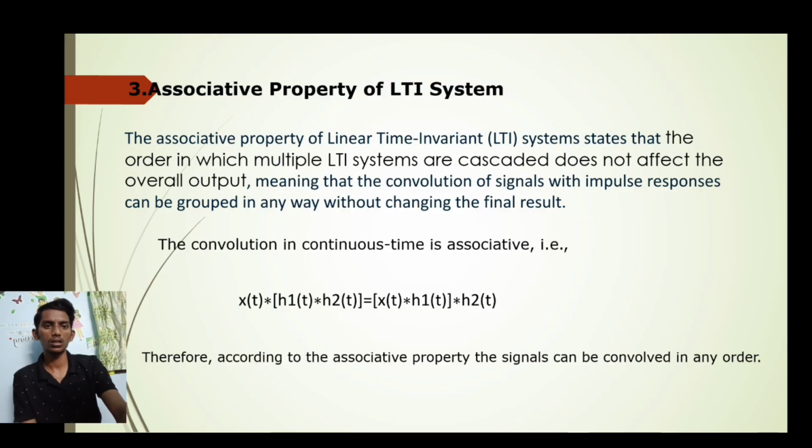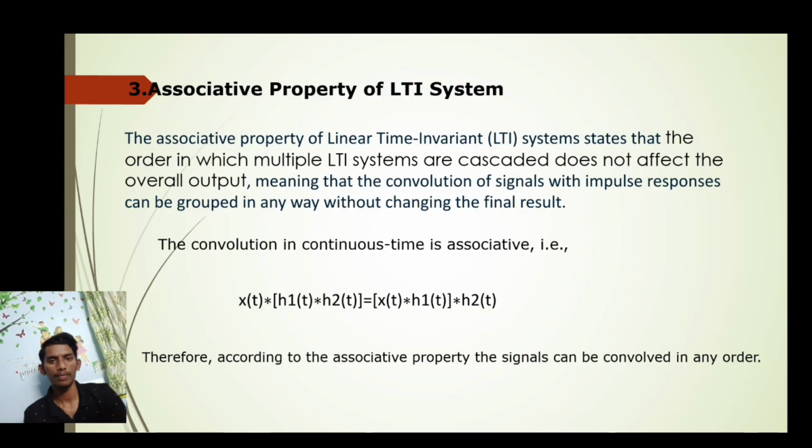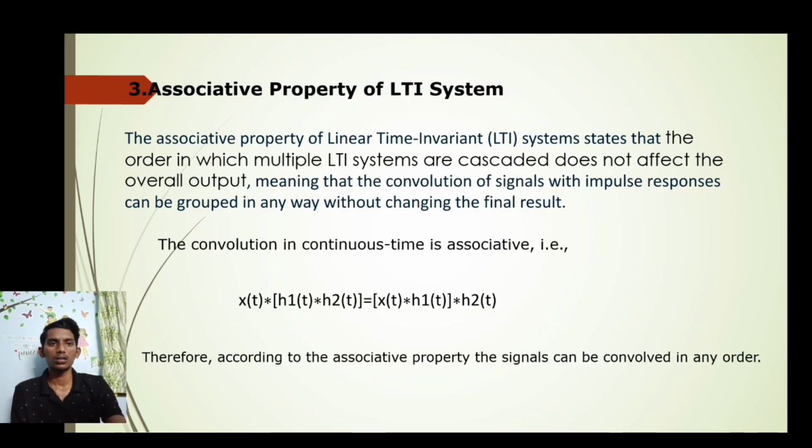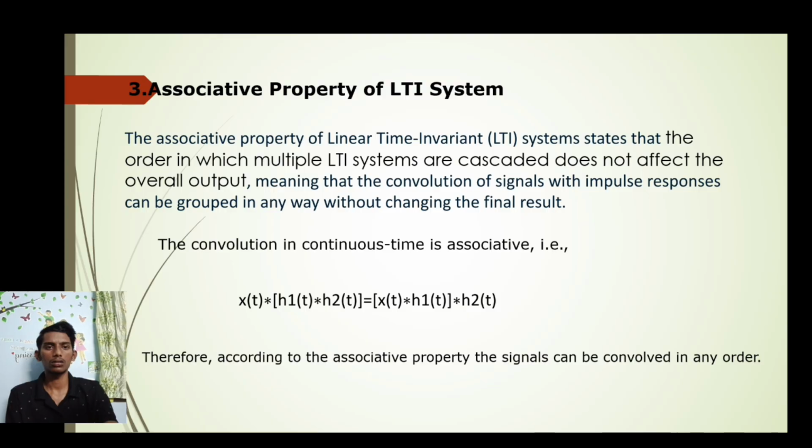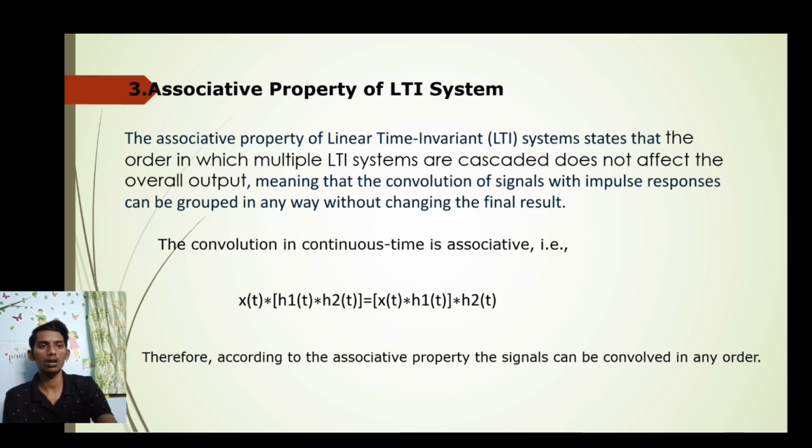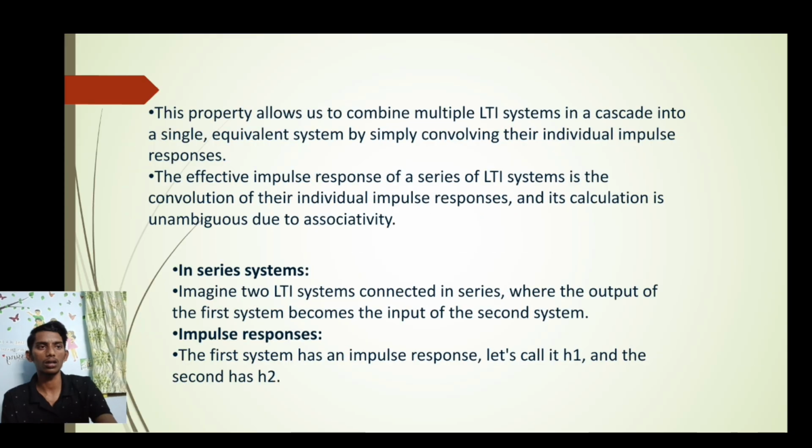The convolution in continuous time is associative, that is x of t convolved with h1 of t, convolved with h2 of t, equals x of t convolved with h1 of t convolved with h2 of t. Therefore, according to the associative property, the signals can be convolved in any order.